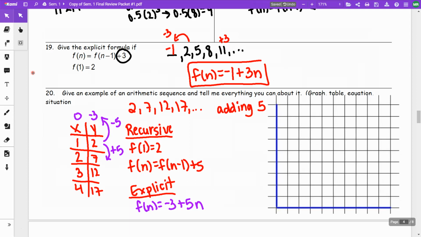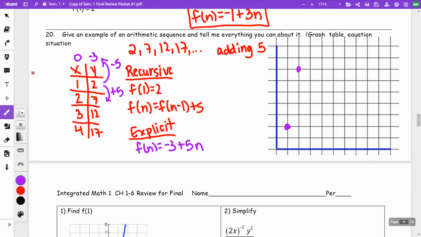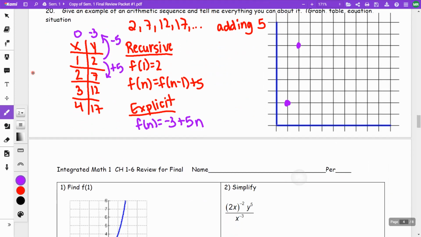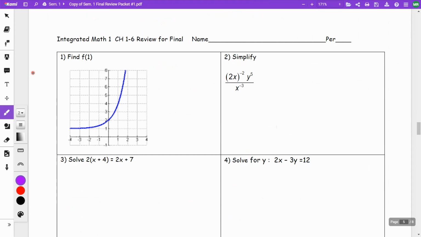Okay, so for this, I would be plotting 1, 2, 2, 7, and so forth. Okay, so I would not connect the points with a line because it is going to be discrete. Okay, so that's an example. Don't give me my example back, give me a different example.